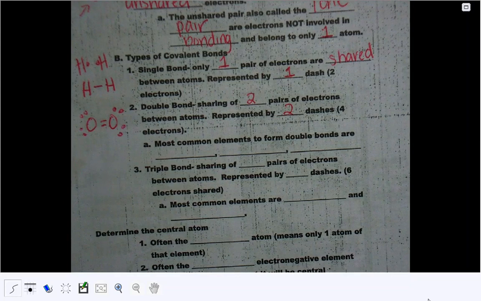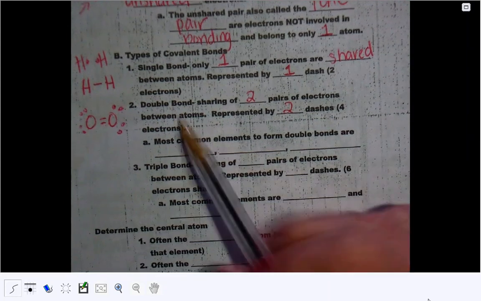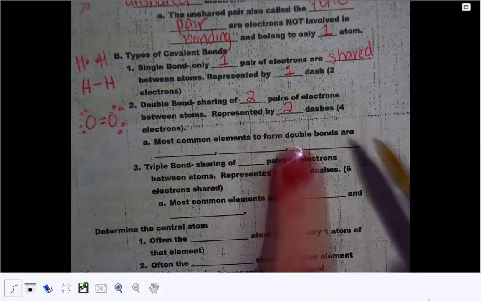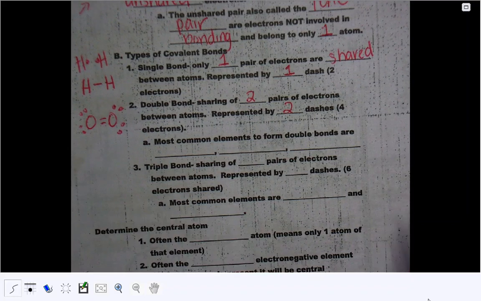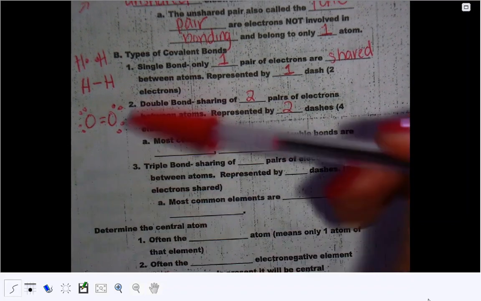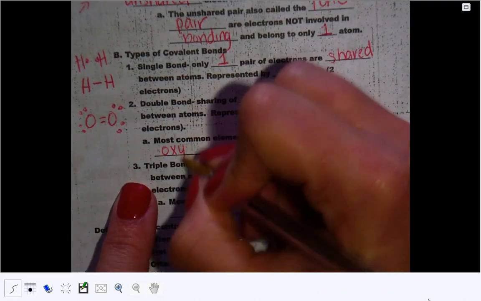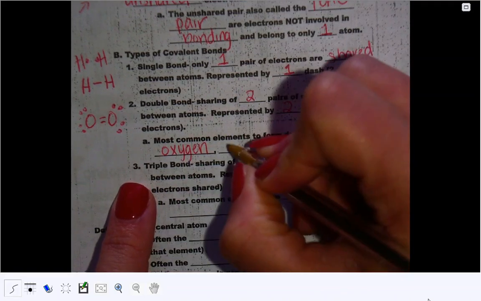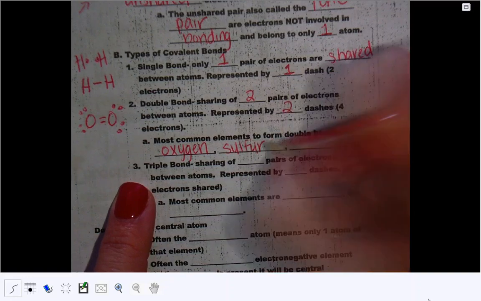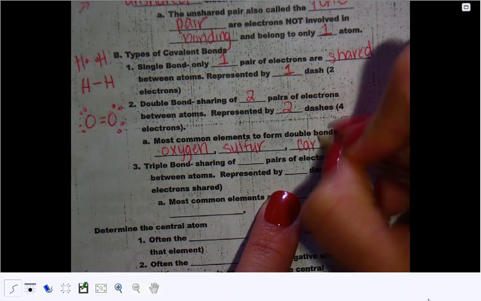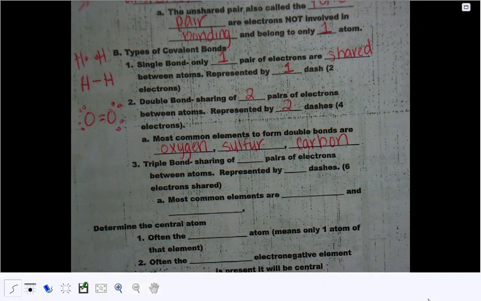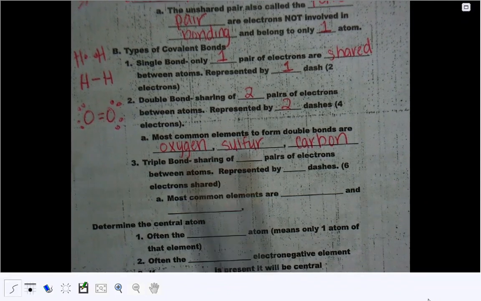Okay? All right. So your double bonds will be shared between 2 pairs of electrons. So your most common ones, the ones to look out for to do this, most likely, is going to be oxygen, sulfur, and carbon. If you notice, oxygen and sulfur are both in group 16.